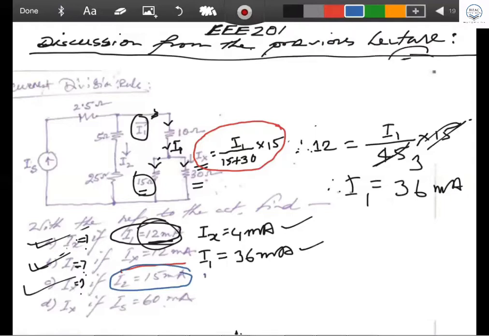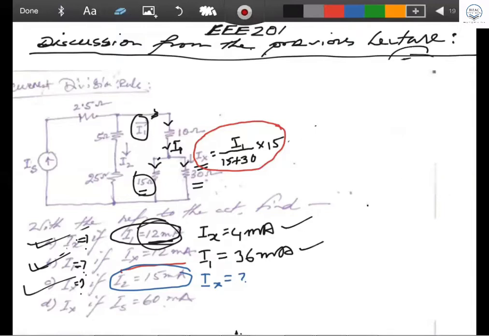This time I2 is given, not I1. To see the circuit in a bigger way, I'm going to wipe out the previous solution. Now I think all of you understand it.